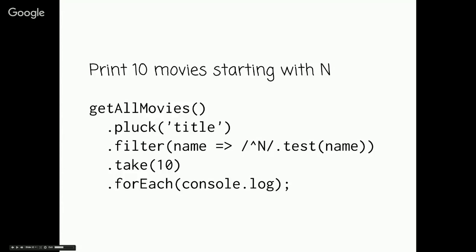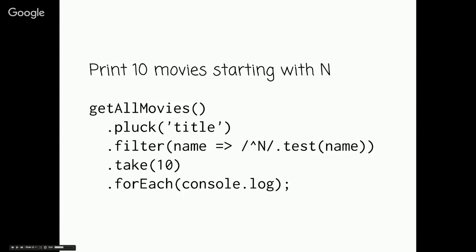So pluck is another function which will go through every element in the collection, and we'll take a property that's in one of those elements. So we're assuming here that there's an element in there which has a thing called title, and we just pluck that out. So now we get a new stream of titles. Okay, so it's a bit like an array, just full of titles.